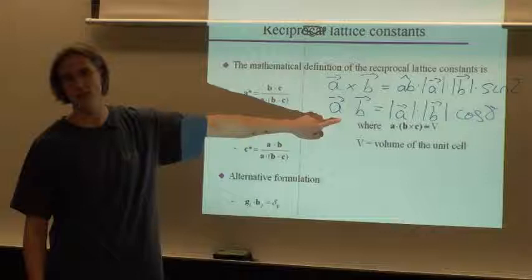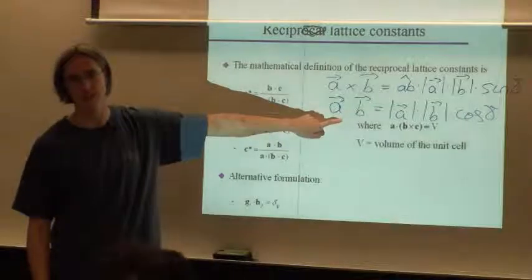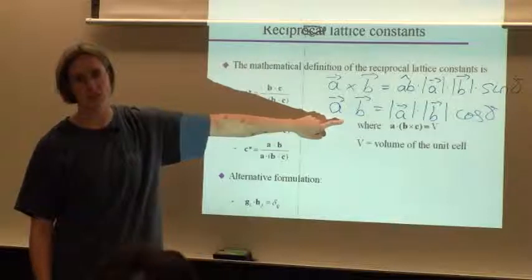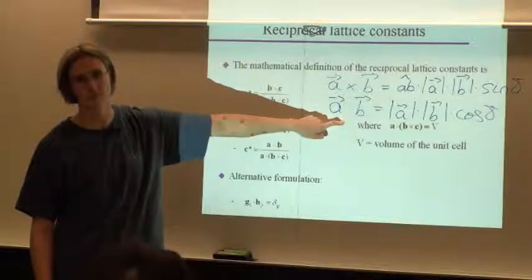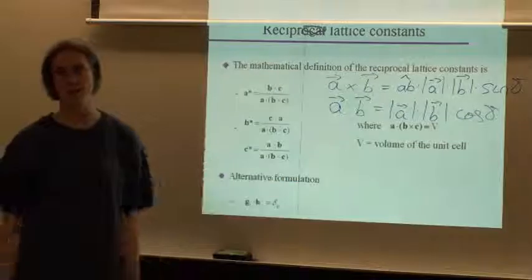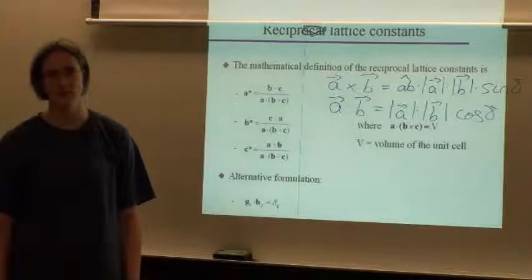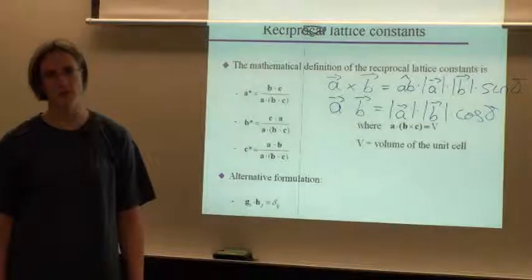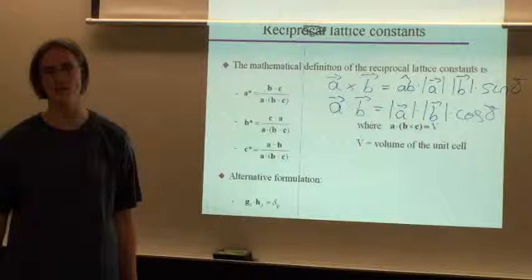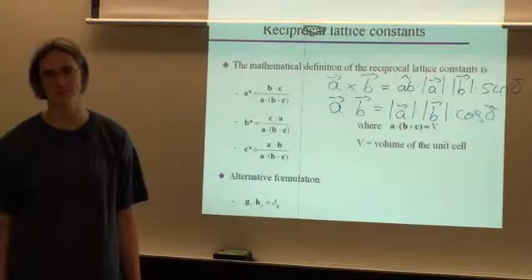Now, for this one down here, does it matter whether I write A times B or B times A? No, right? Because I multiply two numbers. Who cares what order I do that? And the cosine is centrosymmetric, right? Doesn't matter whether I'm in the positive or in the negative, really.